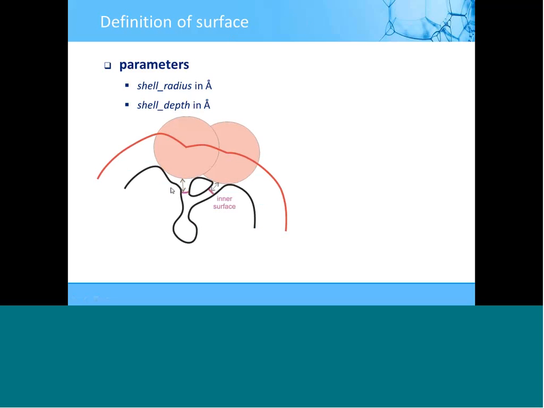So once you have these 2 surfaces, inner surface and outer surface, Caver searches for the tunnels starting from the starting point, and the tunnels are computed to all points on the inner surface. So there you can get many tunnels ending at the inner surface.